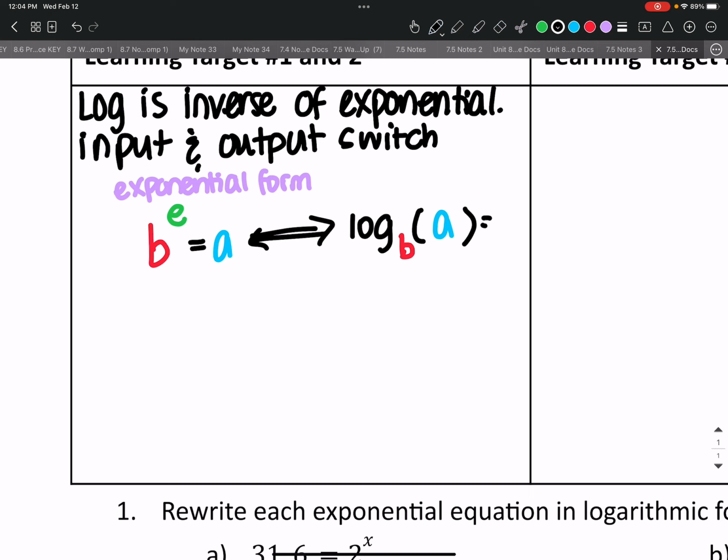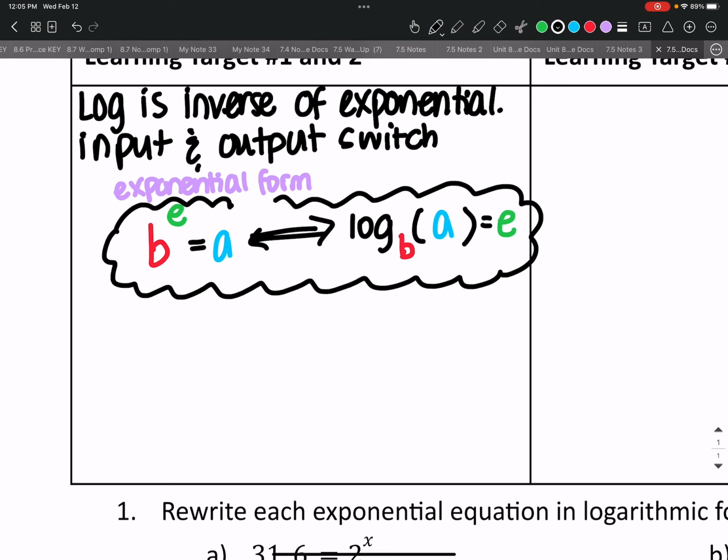And then what the logarithm outputs is the exponent. So this is how you convert. And you can go from this one to this one, or this one to this one. It doesn't matter the direction you need to go. You can convert between the two.